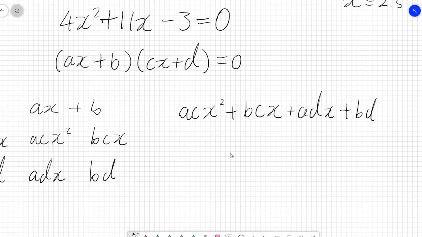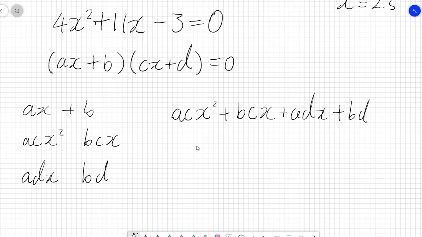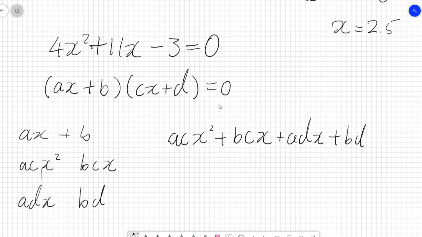Okay, what does this tell us? It tells us that if this equation came from something like this, then the first coefficient, 4, should equal the product of these two coefficients, the two lead coefficients of the two expressions.